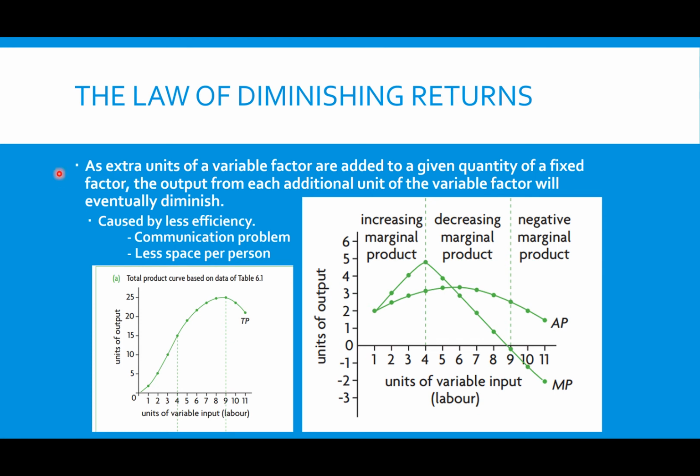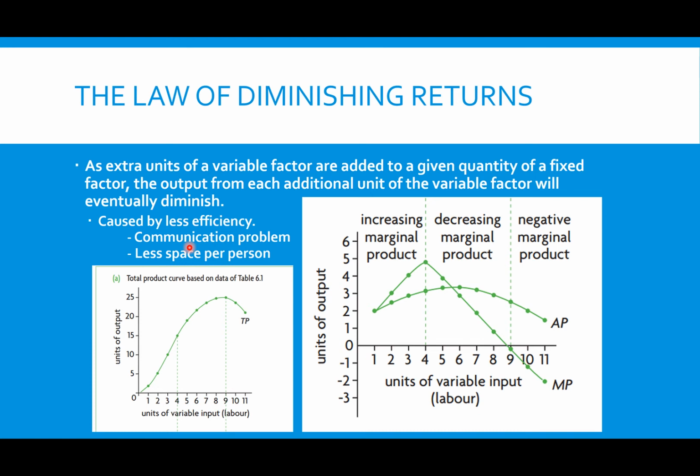So it goes like this: as extra units of a variable factor are added to a given quantity of a fixed factor, the output from each additional unit of the variable will eventually diminish. It kind of maybe sounds hard, but it's not really.